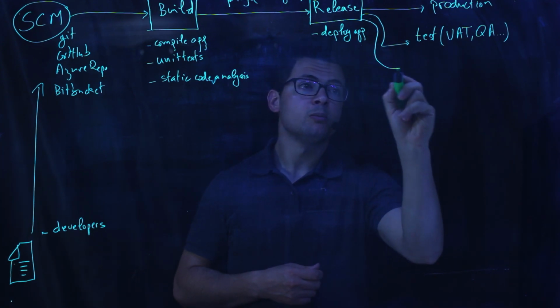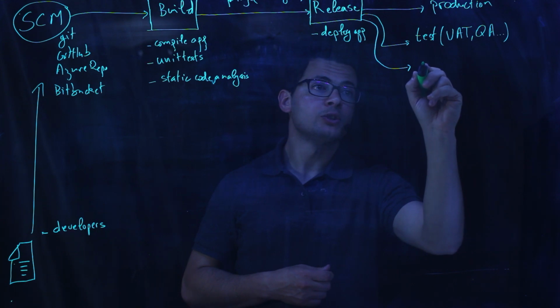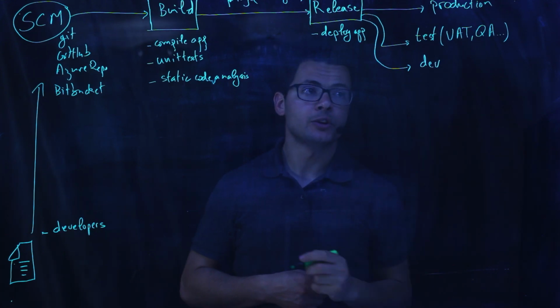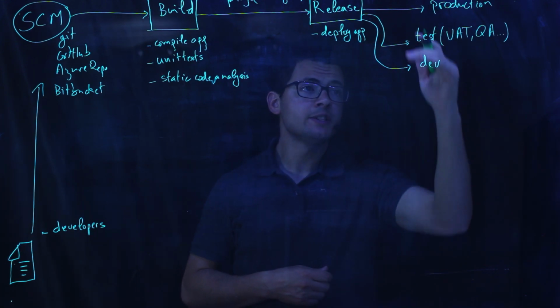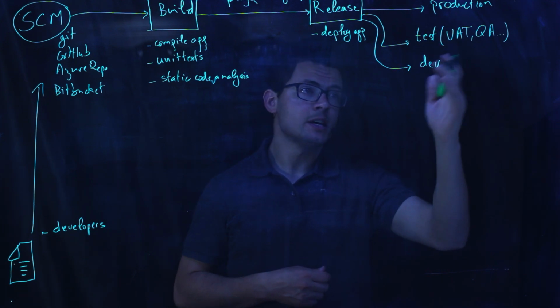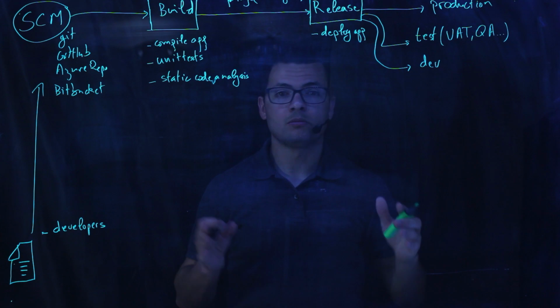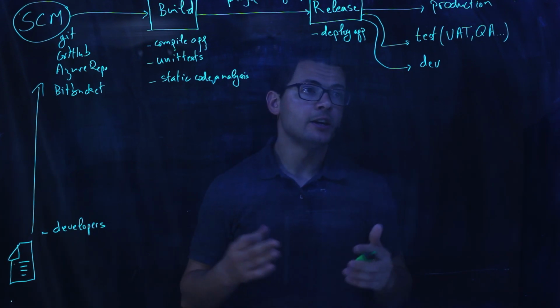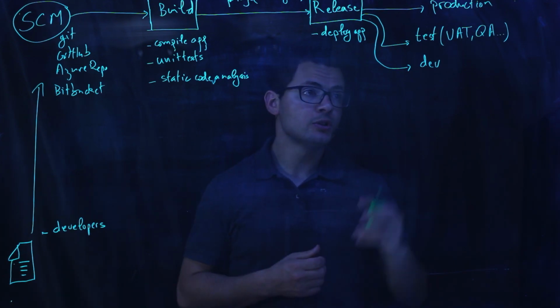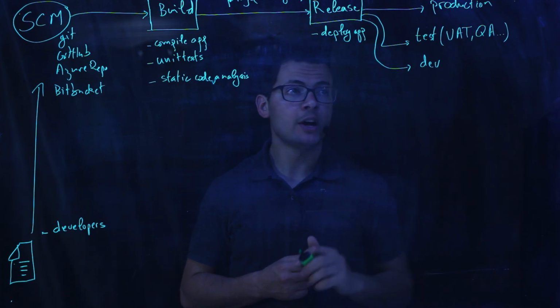So here, maybe you have another environment, which is the dev environment. The difference between the dev and the test is that the dev is more restricted than the test. In dev, I have about, let's say, 10, 20 users who will test the application in the dev environment.